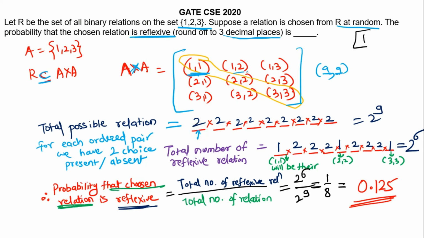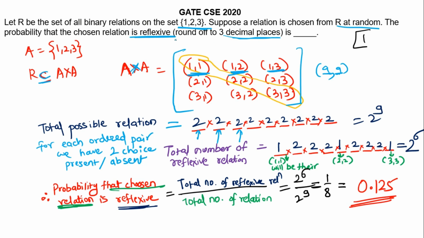This ordered pair can be present or not, the choice is 2. This can be present or not, this choice is 2. In the same way we multiply, and find the total possible relations. So total possible relations are 2 to the power 9.